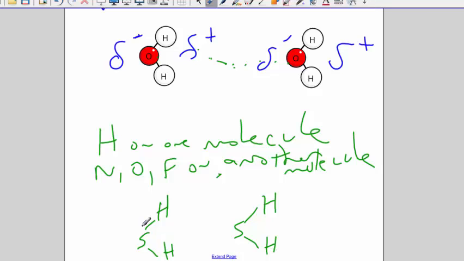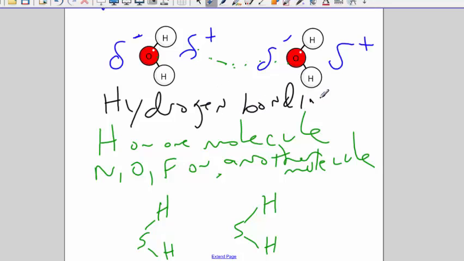But S is not nearly as electronegative as oxygen. So while this intermolecular bonding between H2S is simply dipole, between the water it's called hydrogen bonding. And that's just a very strong form of dipole.